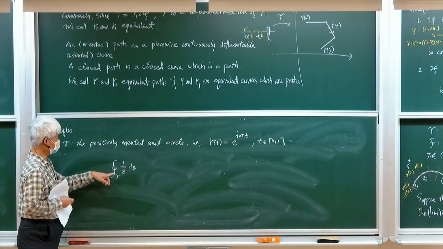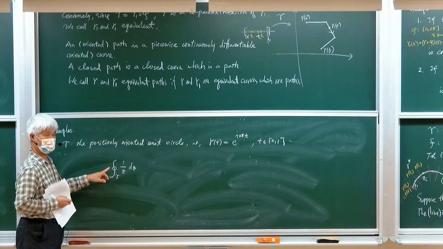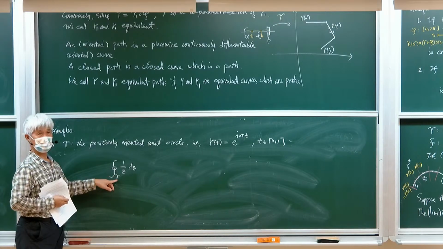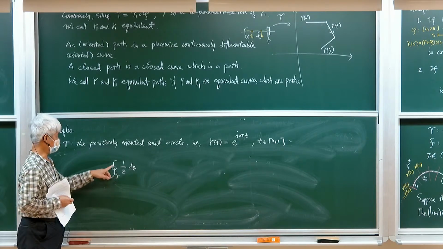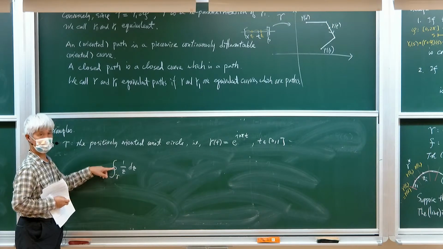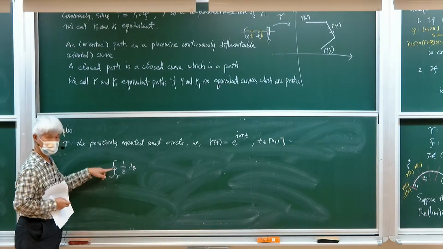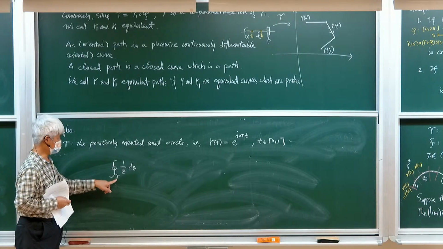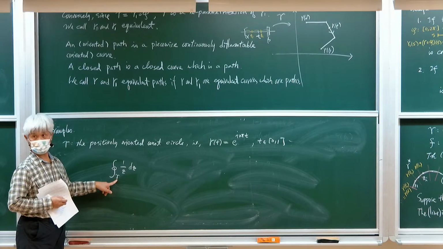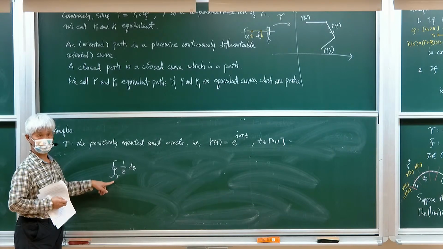If we do the line integral such that the path is closed, then we will use this sign. So we will write a circle here to denote that this path is closed.